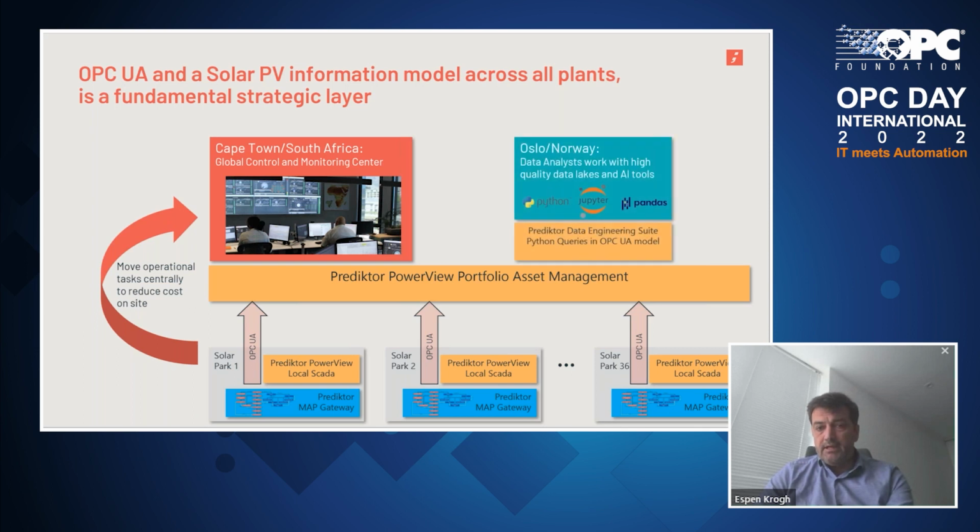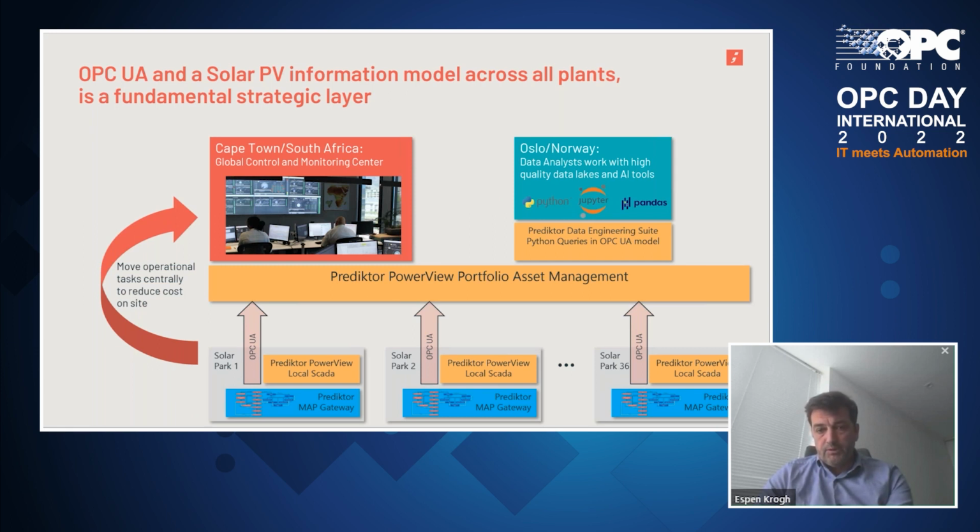Then there's also a centralized analyst organization in Oslo with Scatec that uses a lot of artificial intelligence tools. We have a tool that we call Data Engineering Suite, where you can do queries from Python into an OPC UA model and take the data directly from the OPC UA endpoint in order to do the analysis.